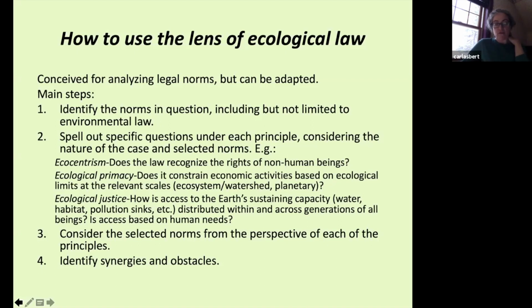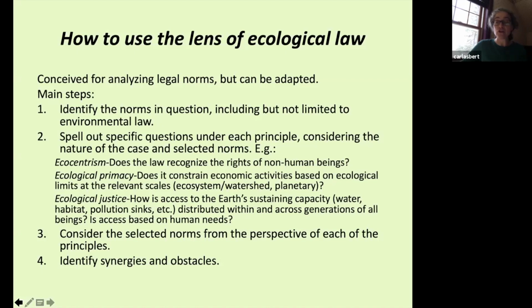And for ecological justice, an example would be whether access to, say, habitat is distributed fairly within generations of humans and other beings, and also whether human access is based on needs, as also Geoff already noted, has been, I think, an important conclusion of these analyses, that focusing on needs is useful.